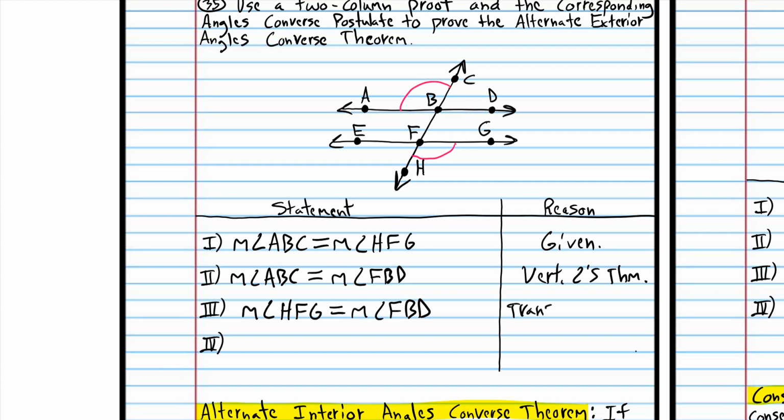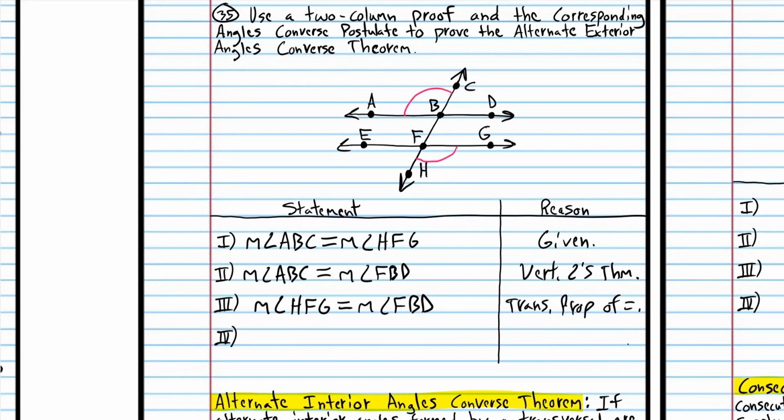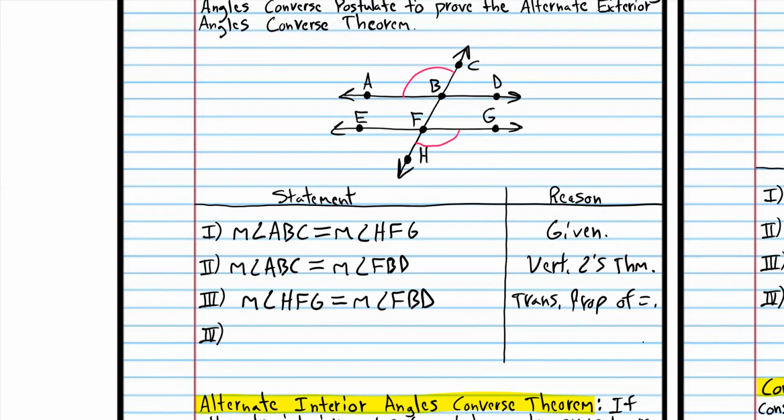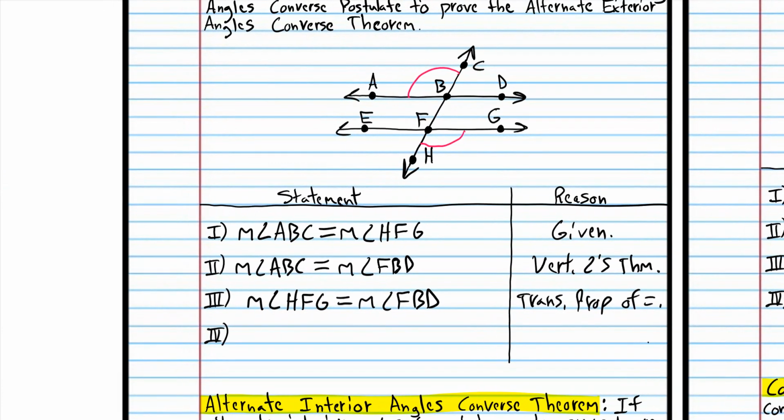And that's the transitive property of equality. So HFG is equal to FBD. So what that means is that this angle is equal to this angle. So we just proved that those corresponding angles are congruent.